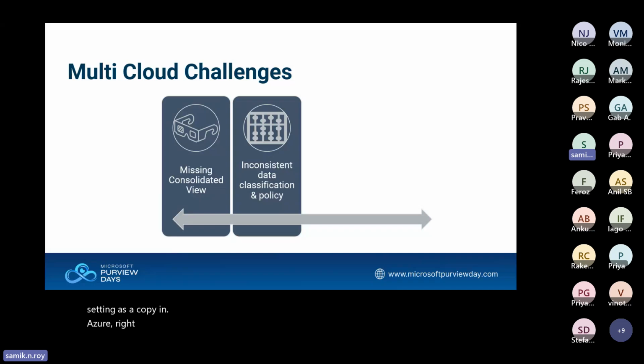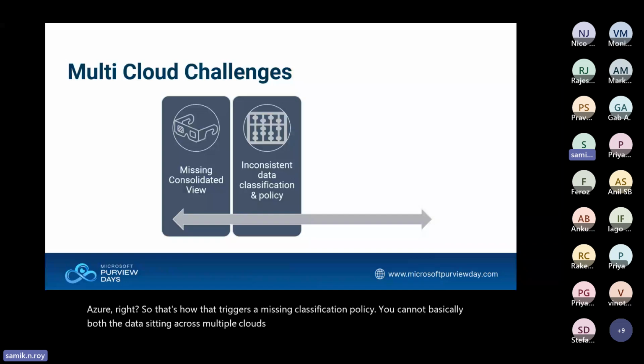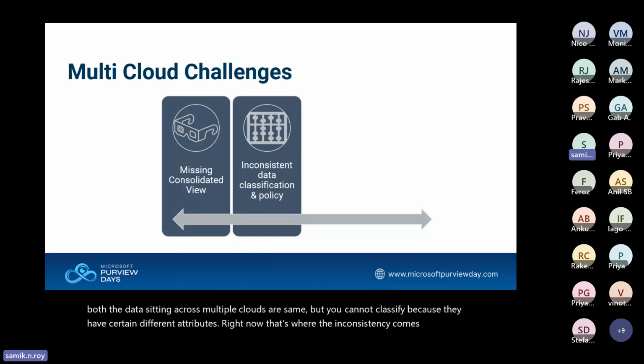That triggers a missing classification policy. The data sitting across multiple clouds is the same, but you cannot classify it consistently because it has different attributes. That's where the inconsistency comes in, and that's another challenge we see today with a multi-cloud environment.